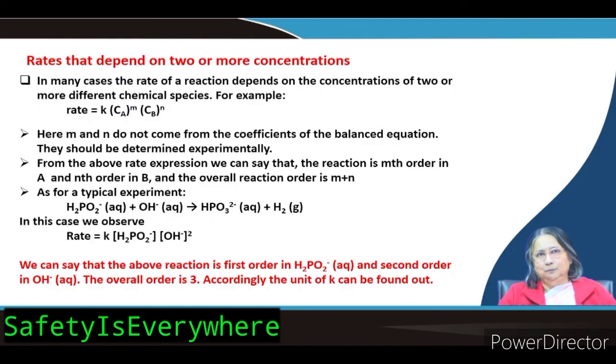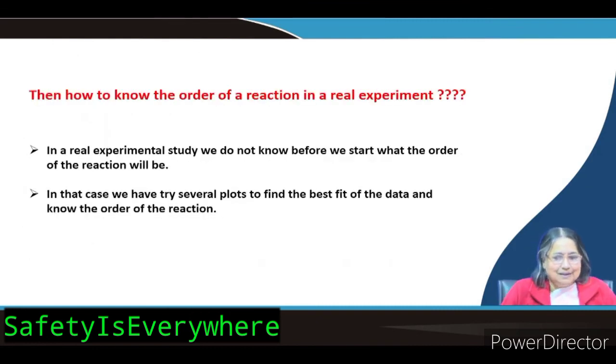That is up to you. Then how to know the order of the reaction in a real experiment? I will show in the last lecture one actual experiment, how you can determine the order, but here I am explaining theoretically how to determine the order.